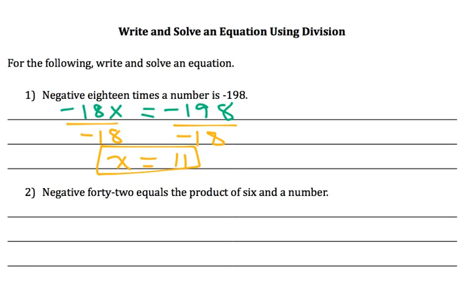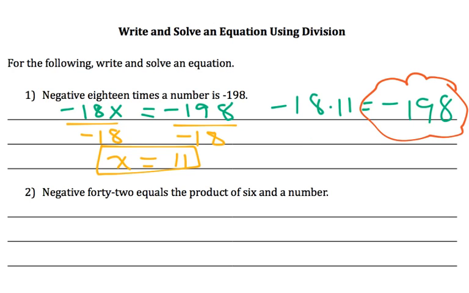Now, although this doesn't say to, let's check it anyway. Negative 18 times 11 is hopefully equal to negative 198. Now, notice that I say hopefully, and the reason is because I know this is going to end up being negative 198. So I'm saying hopefully to remind you that this right side is not after you've punched this in.